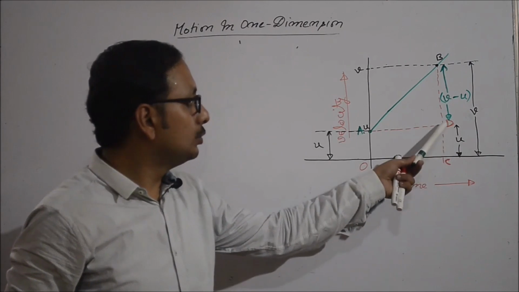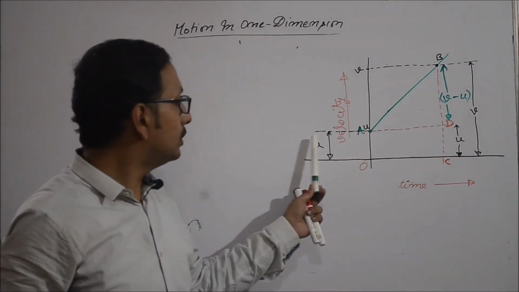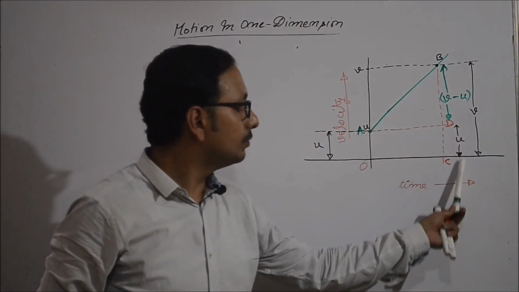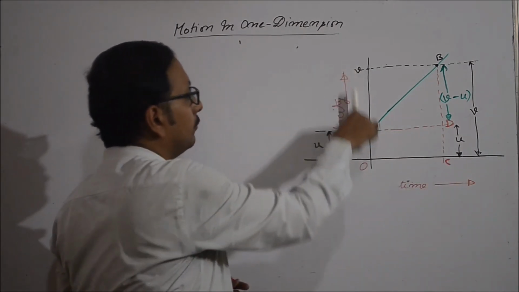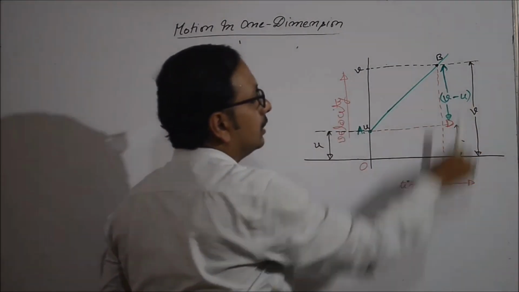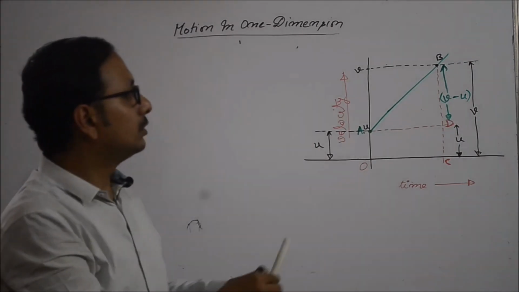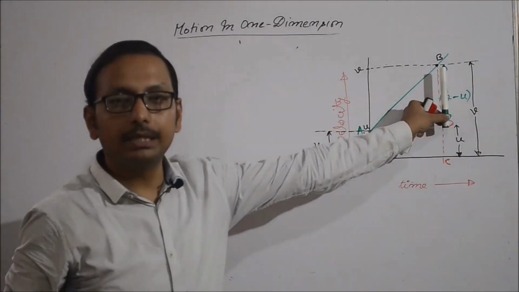Telling it again, from origin to A is u, and the total portion from O to V is v, so this portion is v minus u.